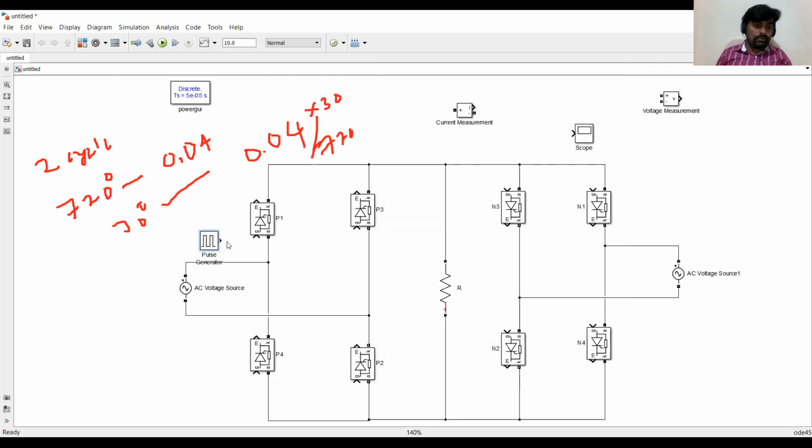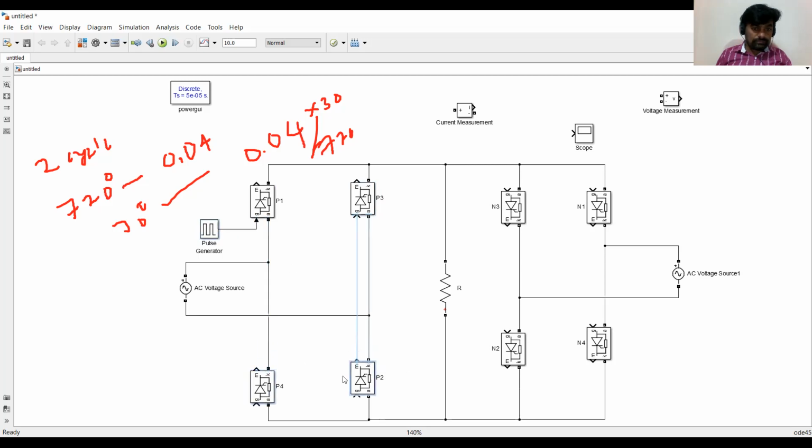P1 and P2 should be triggered at the same time, right? So it is given to P1 as well as the gate terminal of P2.